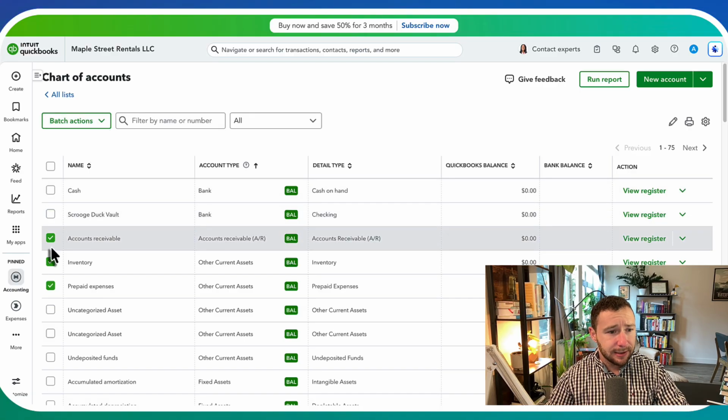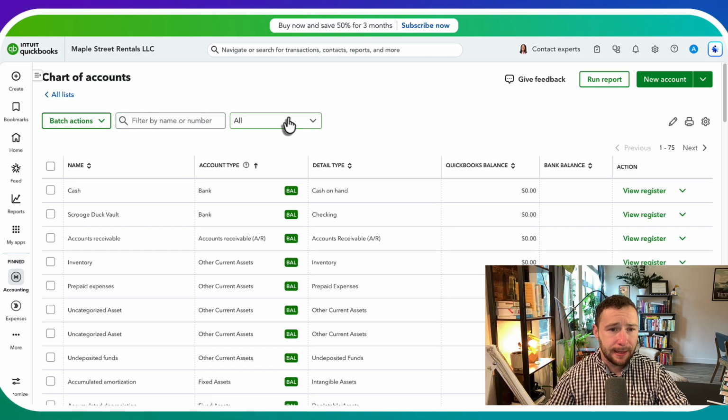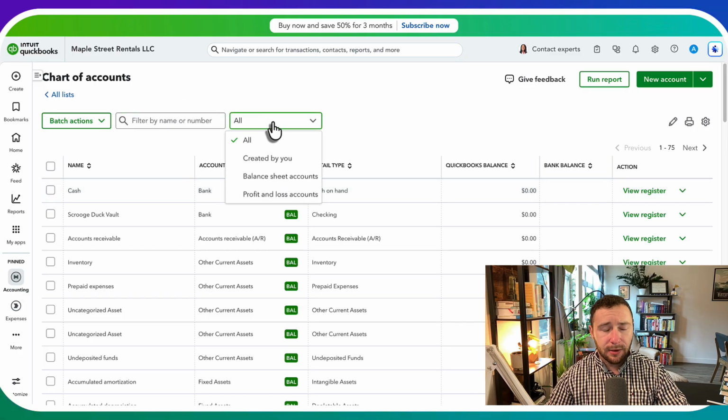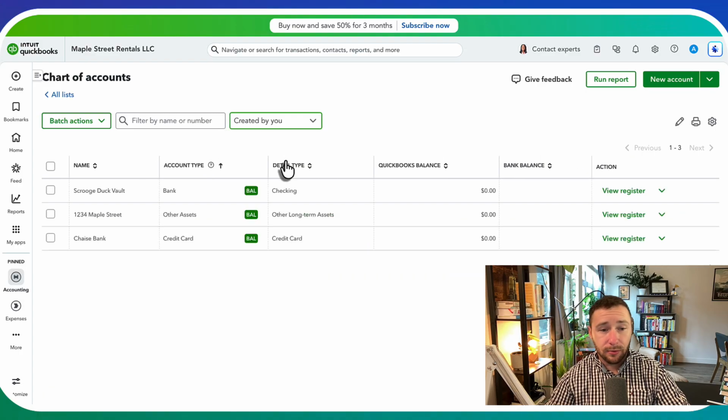You can't necessarily delete them, but they basically get hidden. And then here you can search for any of the accounts in here. You can also shorten the list by just balance sheet accounts or just profit and loss accounts, or the ones that we created.